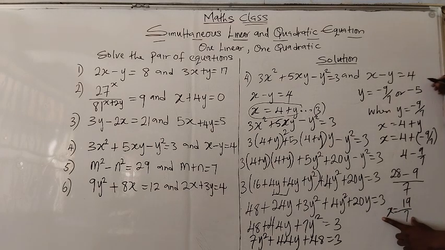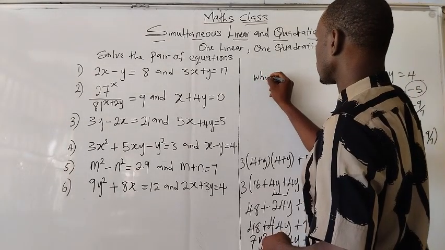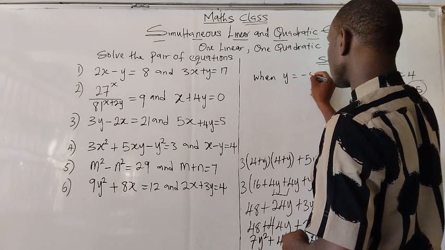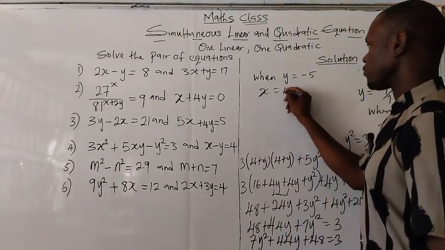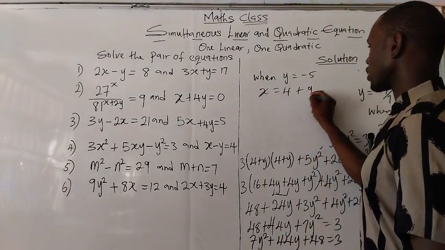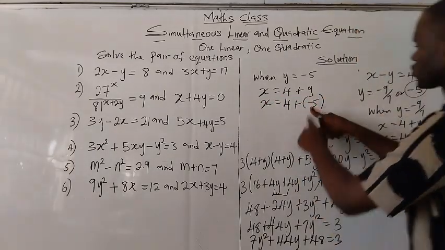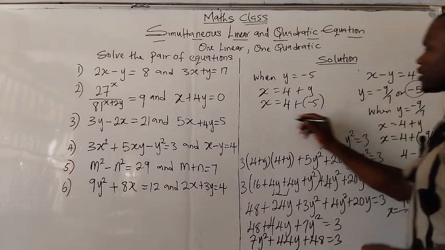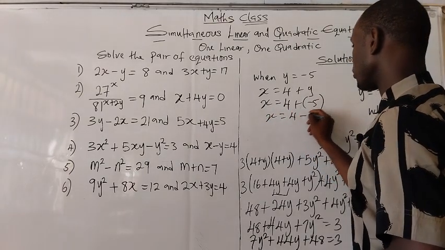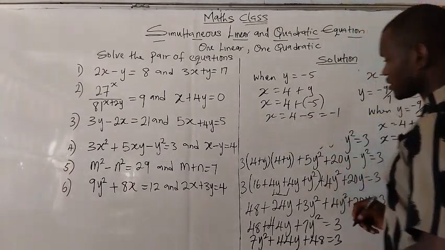And that's not all. We will still solve with negative 5. So when y is negative 5, we are going to have x equal to 4 plus y, and this is 4 plus negative 5. Substituting negative 5 for y, x is going to be 4 minus 5, which is negative 1.